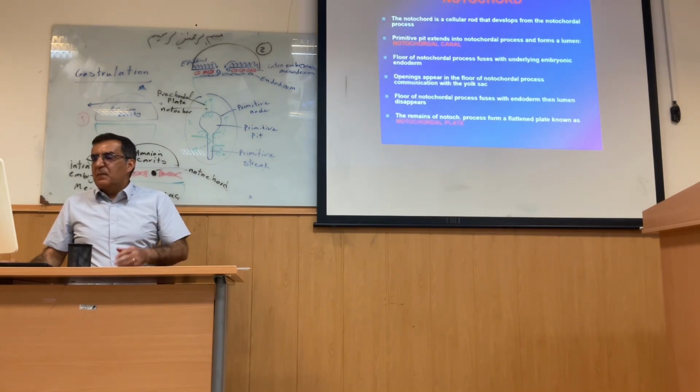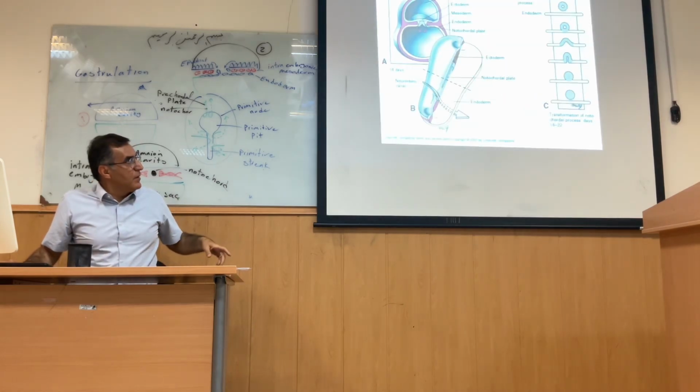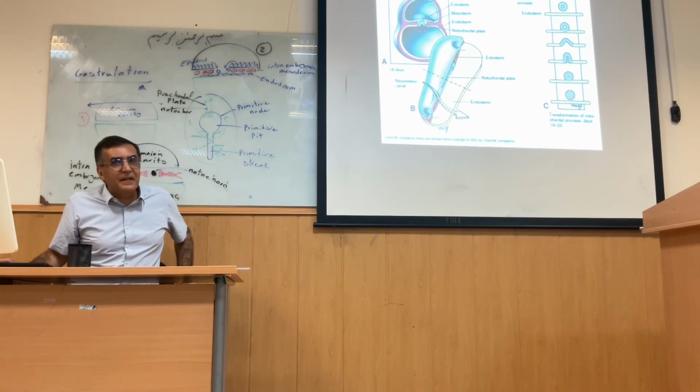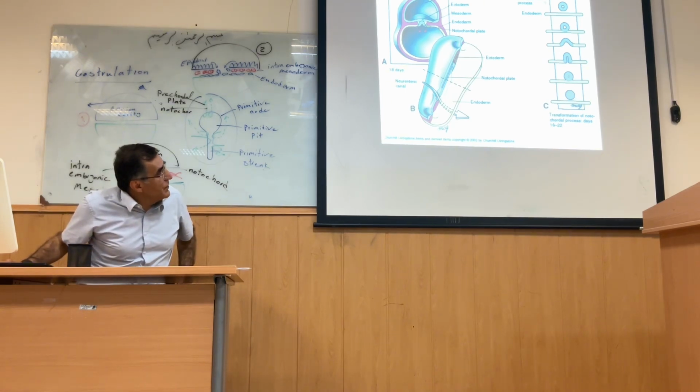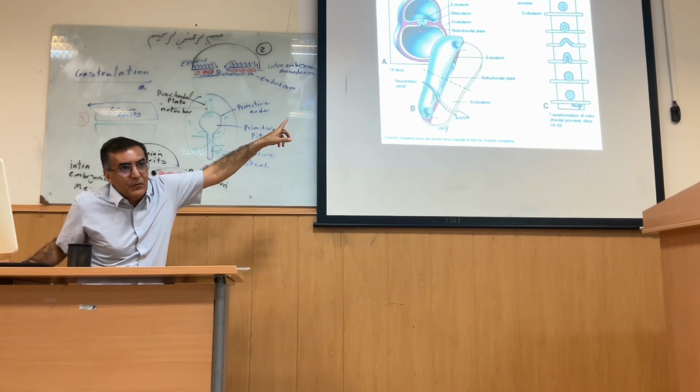About the notochord, I told you about the notochord, the picture. Look at the pictures here. For the formation of the notochord, first of all, the notochord is a hollow tube or process. But with attachment to the endoderm, the final notochord becomes the definitive notochord. Look at the picture on your right side. At the top of the pictures we have a notochord, but it's a hollow tube.